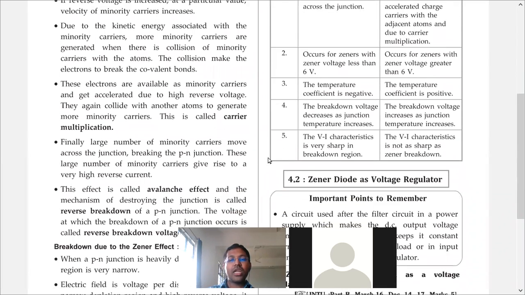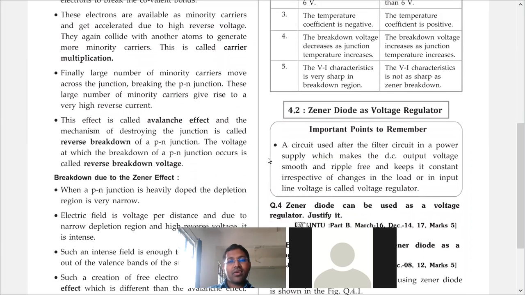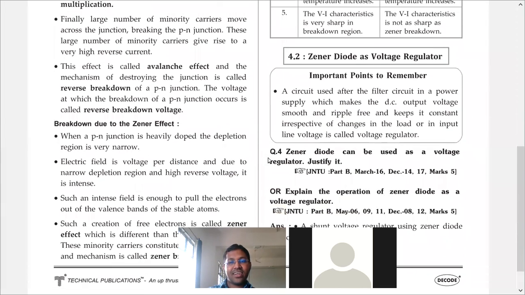Clear? Next, we have also seen the Zener diode as a voltage regulator. Let us see that point by point. First of all, why do you need a regulator? The plug point gives you AC. For example, if you want to charge a mobile phone, you need DC voltage, right?